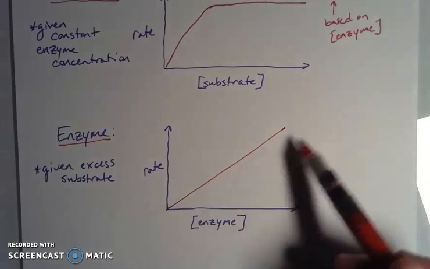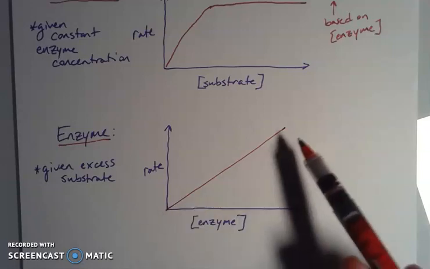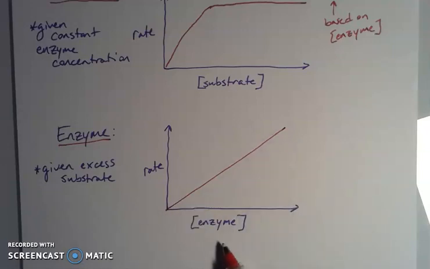So this is going to be a straight line. It's a linear relationship. So we increase the enzyme concentration, we increase the rate of reaction until we run out of substrate, and then that won't matter as much.